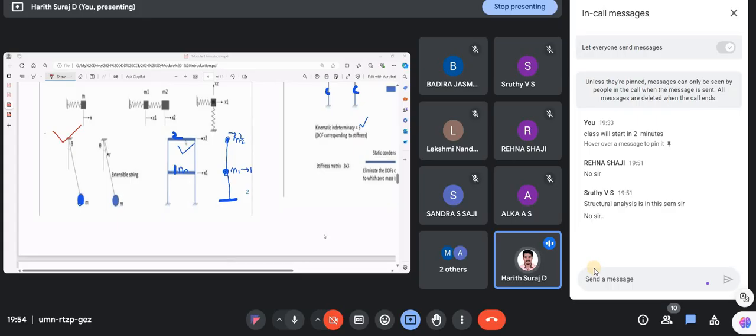Degree of freedom means the possible movements. So what will be the movement if I am holding a mass with a string? Maybe it is a steel wire or a thread. What is the possible movement of that mass?